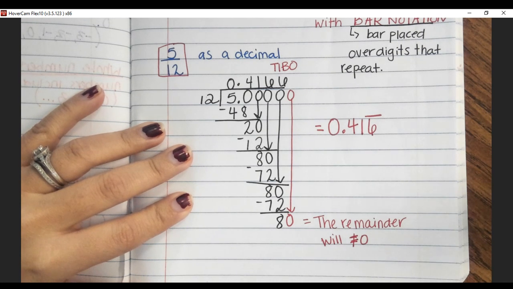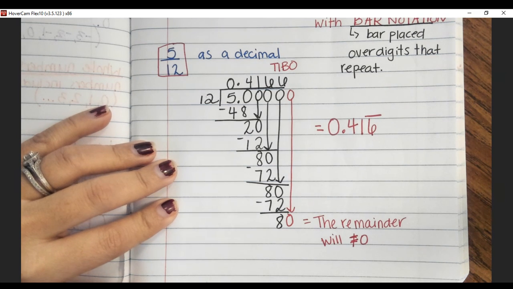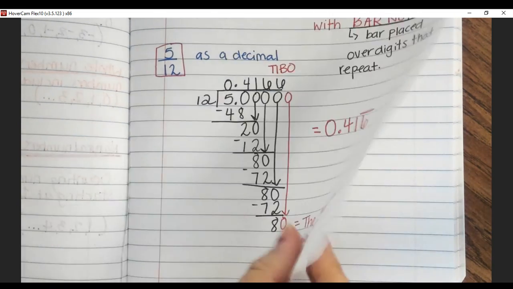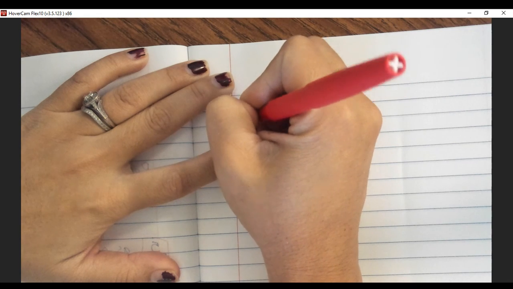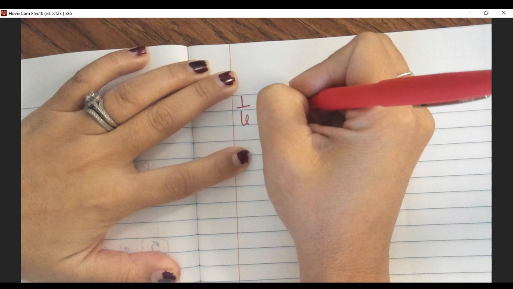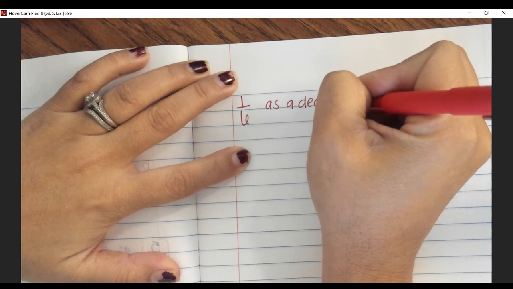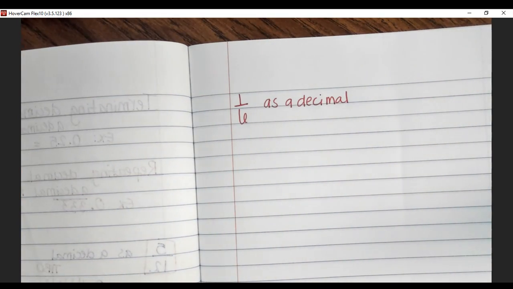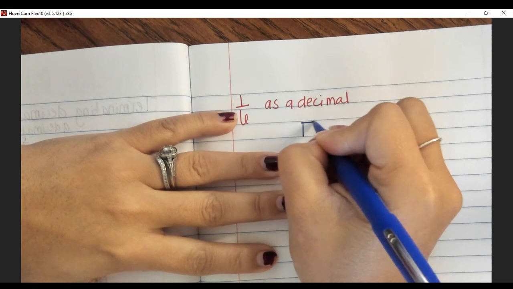Okay, so I'll keep that there so you can pause it and rewrite that. So now we're going to look at another one. Let's look at 1/6. We're going to express this fraction as a decimal. Okay, so remember I'm going to use that TIBO, top in, bottom out, whenever I'm dividing.